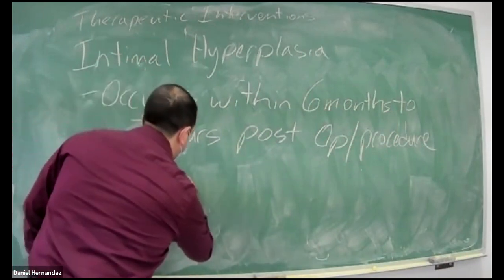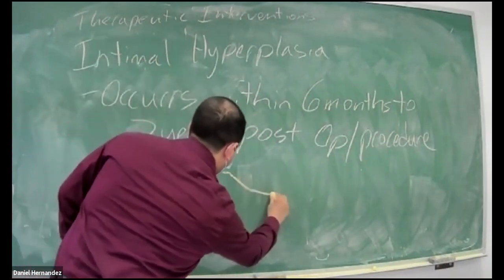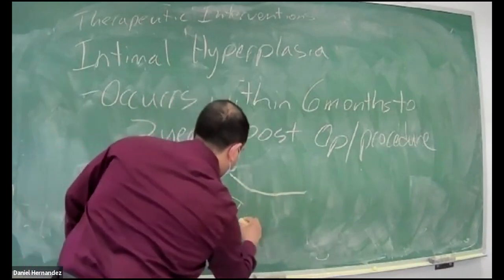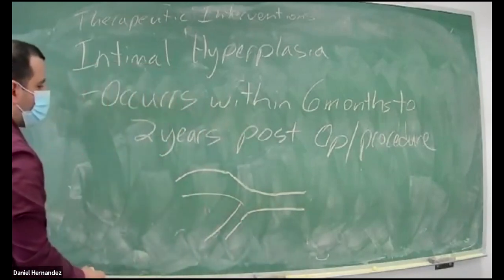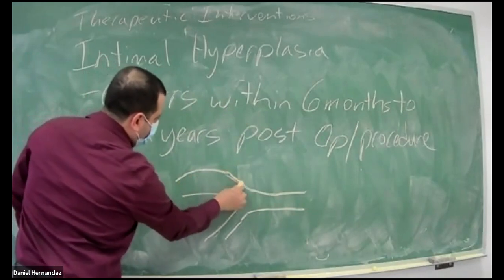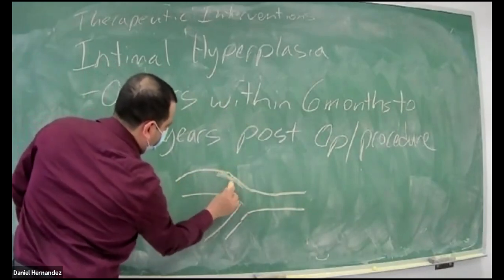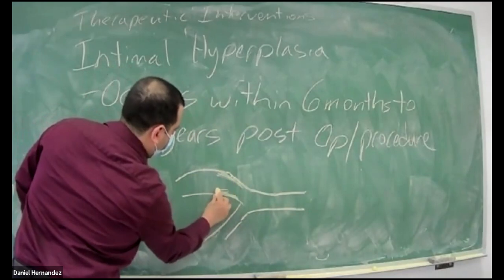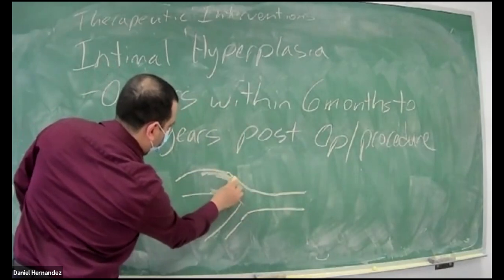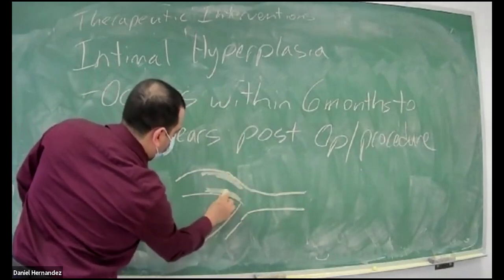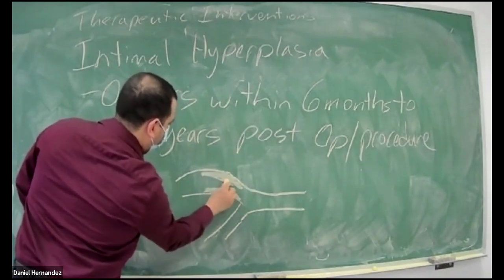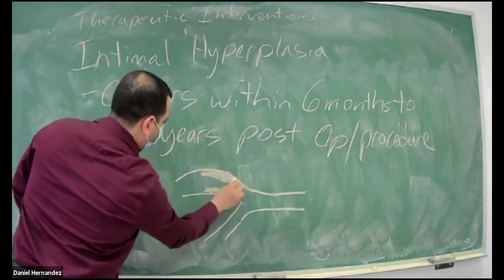So if we're imaging, we have our vessel again. What it's referring to is the thickening of that intimal layer as an inflammatory response to the surgery.